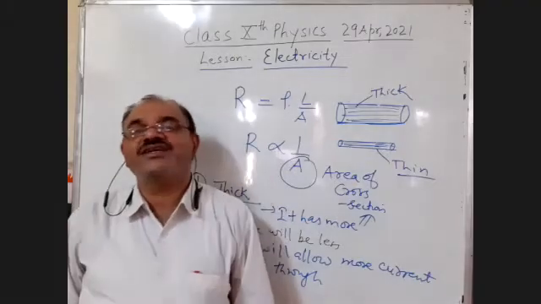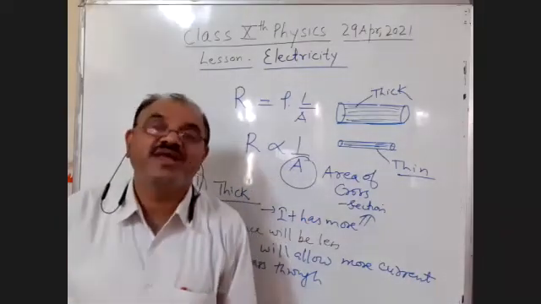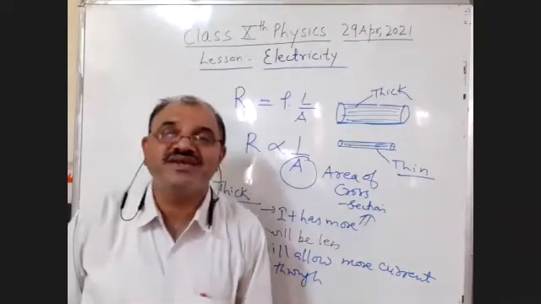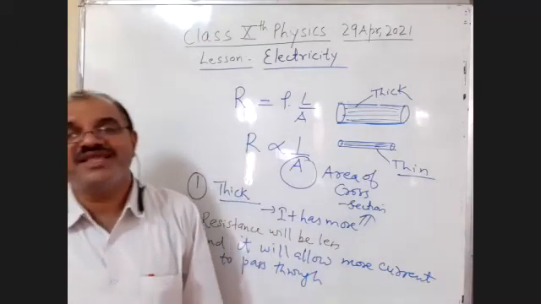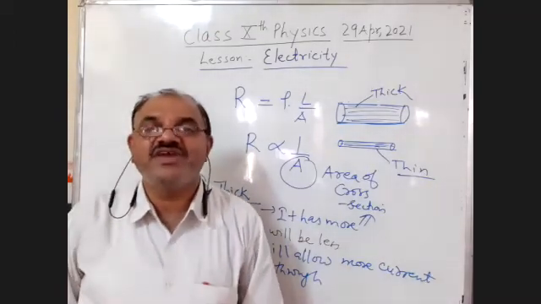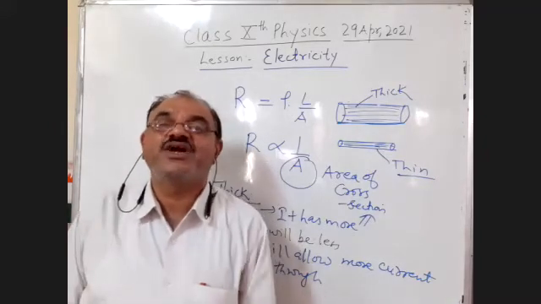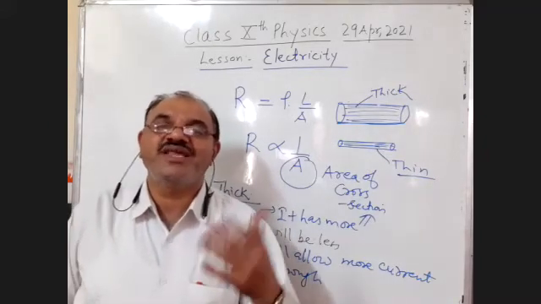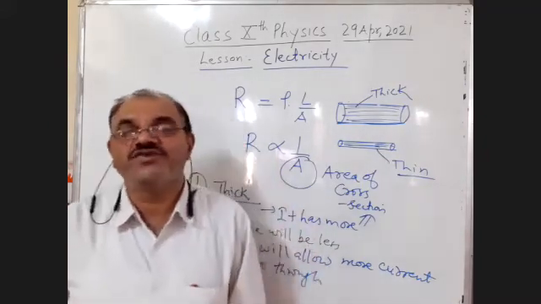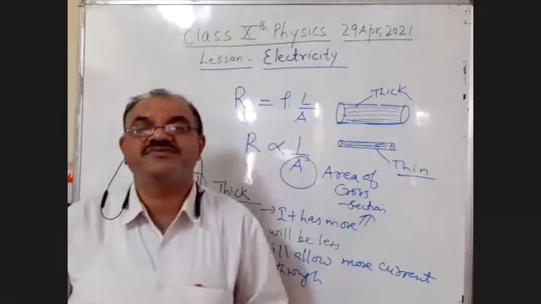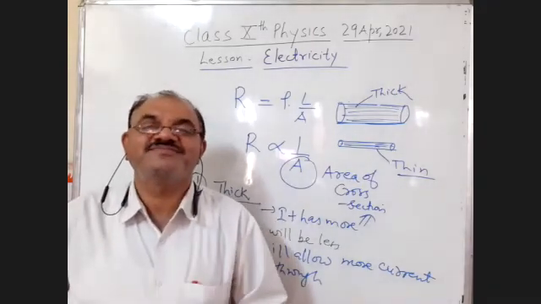So the answer of this question will be, if the length of the conductor is increased, it will allow less current to pass through. Is it clear, students?